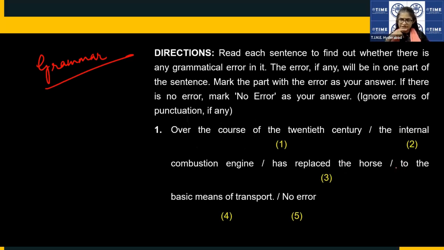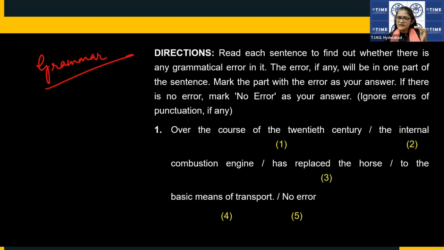Over the course of the 20th century, the internal combustion engine has replaced the horse to the basic means of transport. What is the error here? The internal combustion engine, you know, right? Today we are in an engine-powered world. So it has replaced the horse, fine. The horse is used in a general sense, so the article the is fine there. The internal combustion engine in general has replaced the horse as a general category.